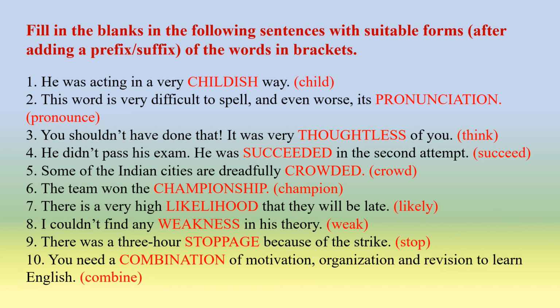And seventh one, there is a very high likelihood that they will be late. Based on the root word likely, we gave likelihood. Eighth one, I couldn't find any weakness in his theory. Weakness is the new word here after adding a suffix to the root word weak.